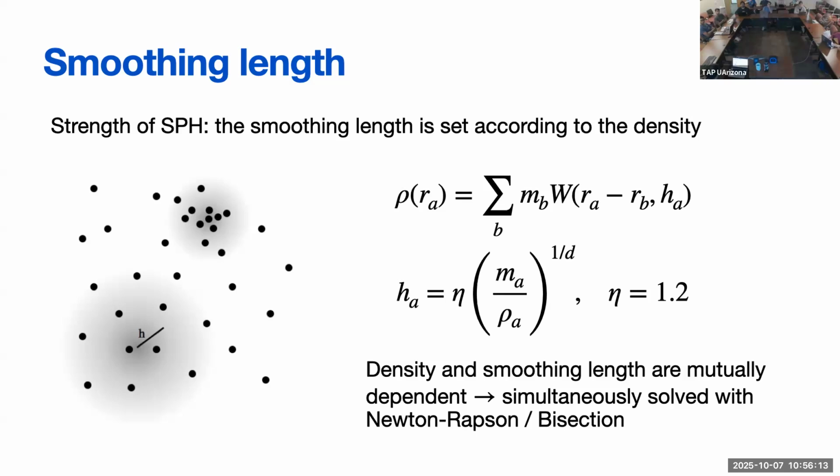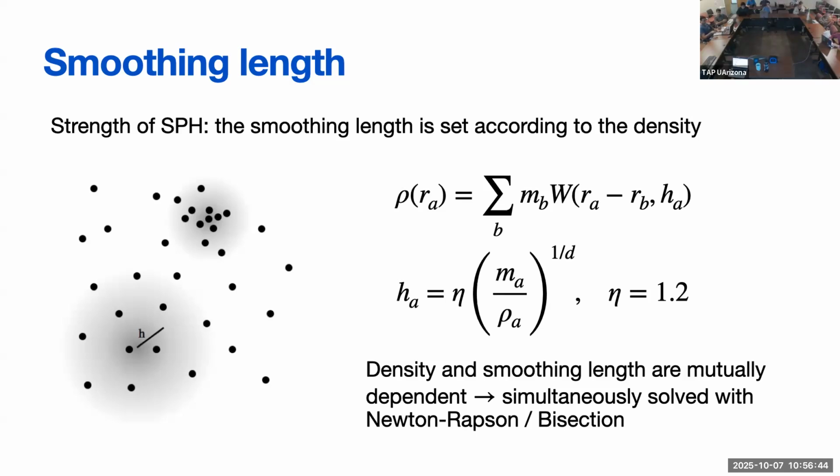And so basically what happens in a modern SPH code, for example in Phantom, is that we use the first equation to compute the density, where h_A is the smoothing length of the particle A, because we are computing the density at the location of the particle A, and the smoothing length itself depends on the density of the particle A. So these are two equations, and we need to find the value of rho and the value of h.